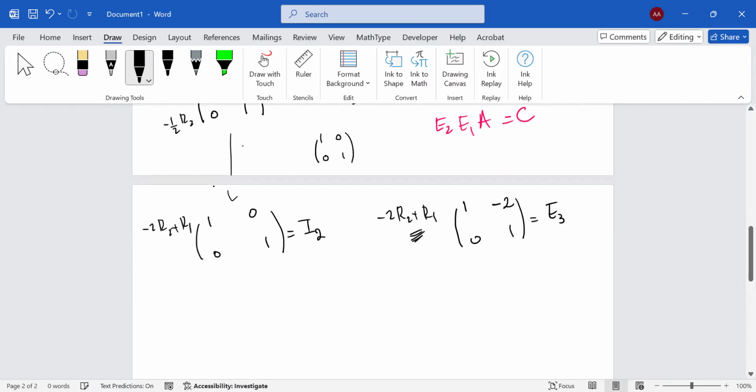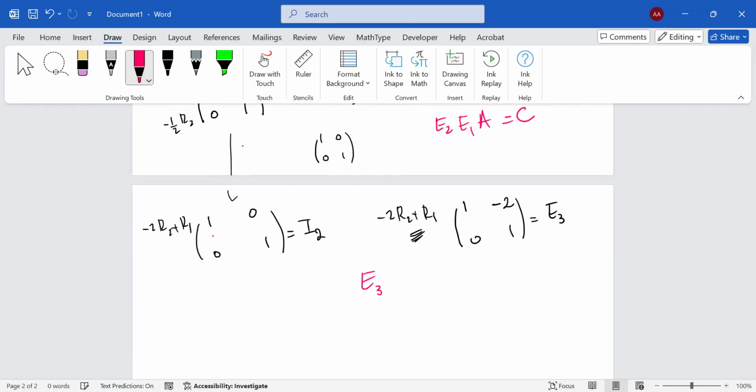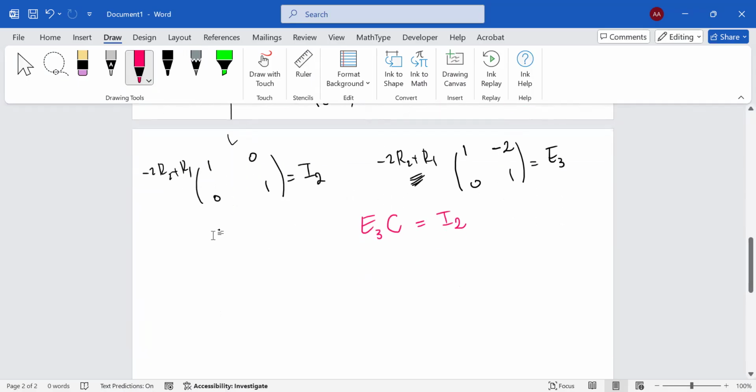So now E3 multiplied by C gives me I2, which means E3 times E2 times E1 times A is equal to I2.